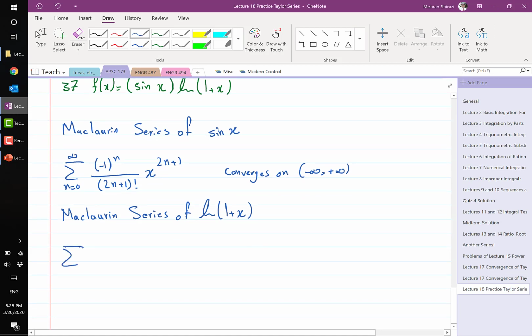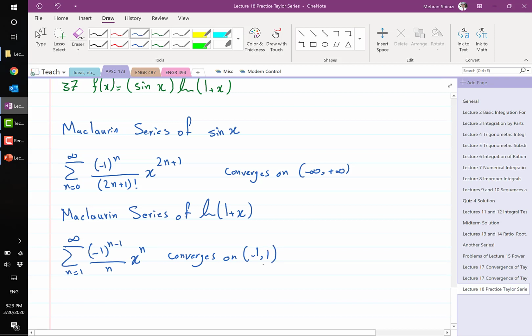It's the infinite series from 1 to infinity of minus 1 to the power of n minus 1 over n times x to the power of n. This one converges on negative 1 to 1.